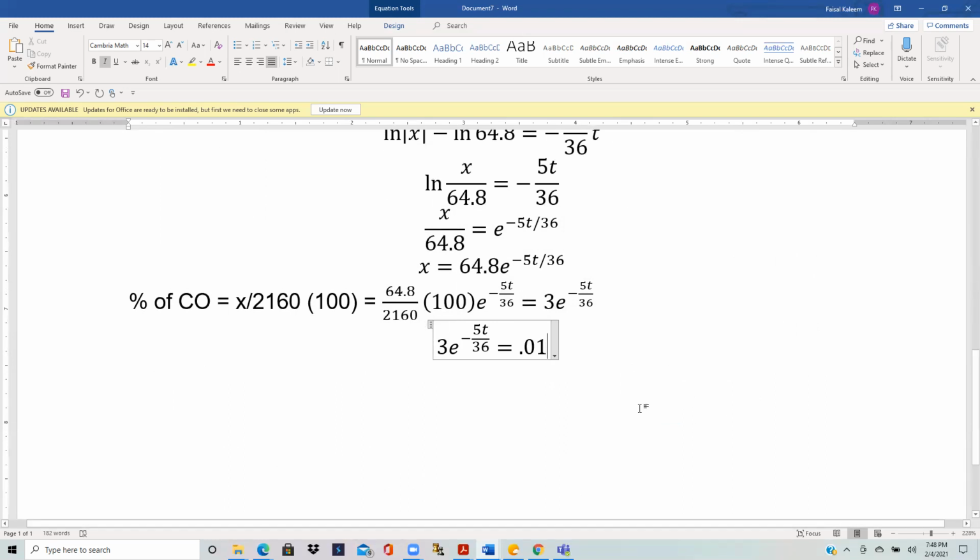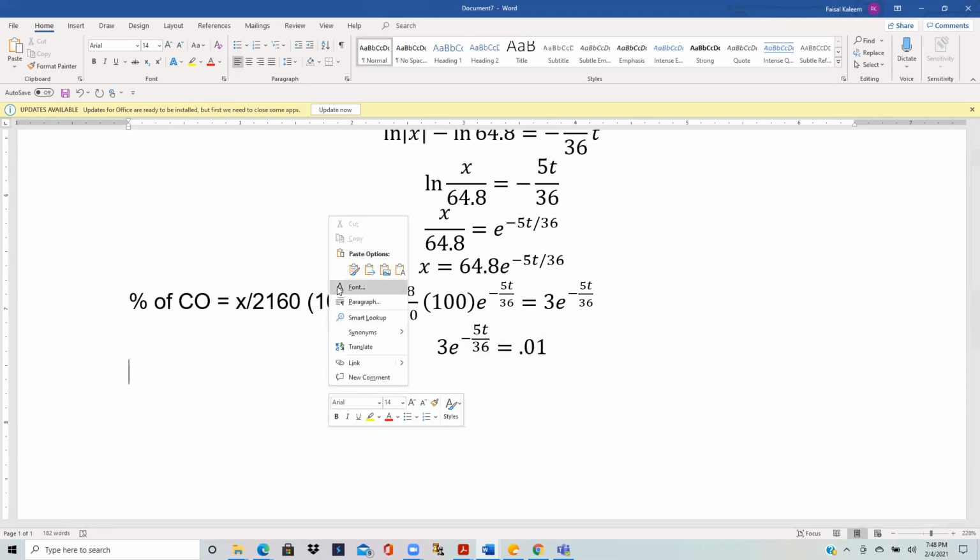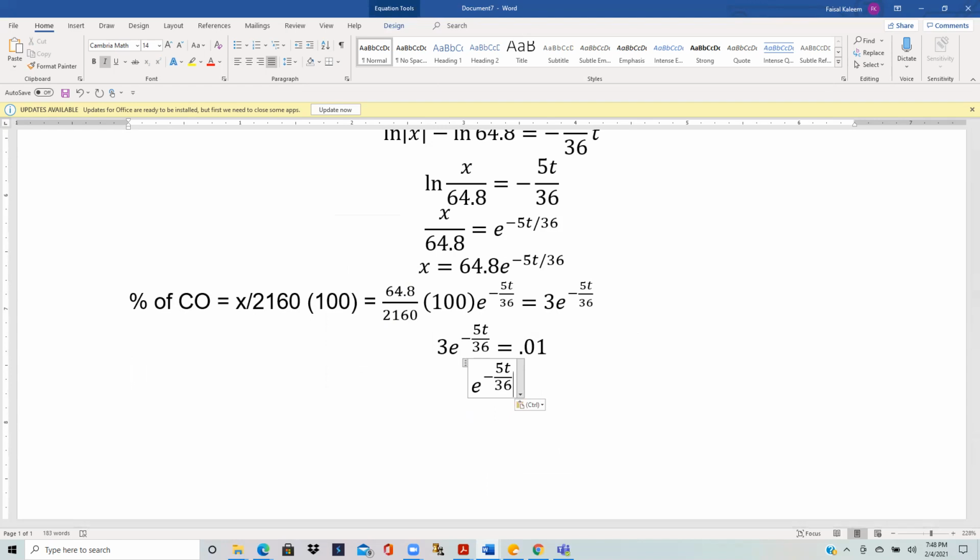So we first divide by 3, and the exponential equals 0.01 by 3. Now take ln.